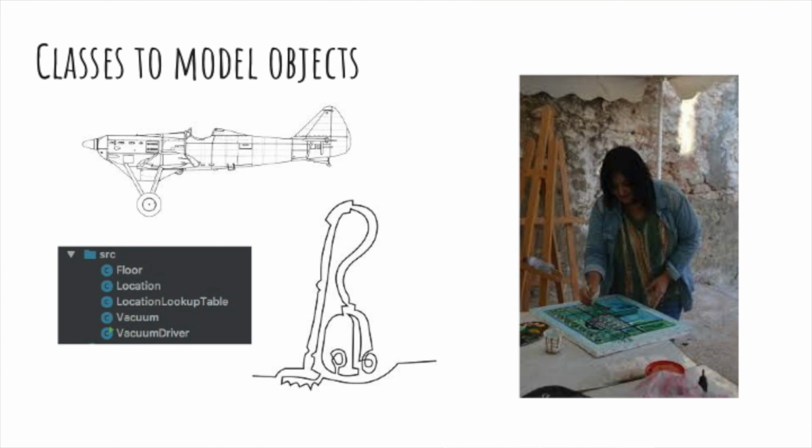In our vacuum example, you've got different pieces you think about when you're vacuuming. You have the floor, have your vacuum, have your location where the vacuum is. But that's just one example.